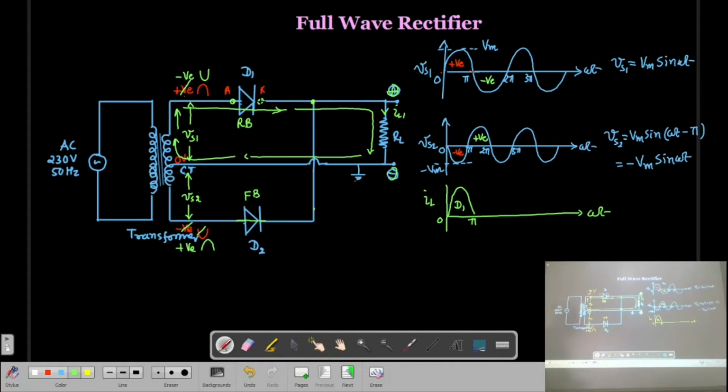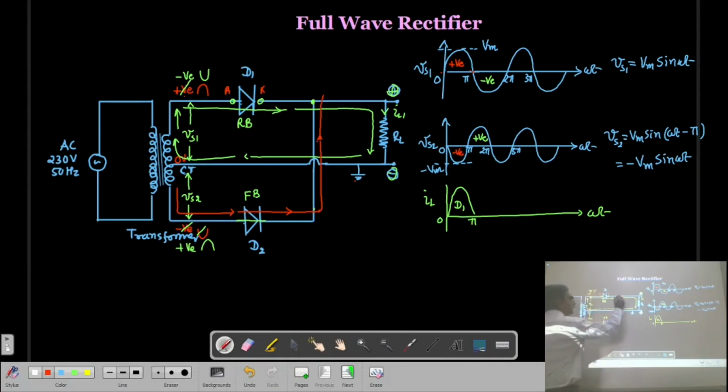So now if you look at the flow of the current, we can draw it in this way. Always the current is coming out from the transformer. Now this is in forward bias, so it will pass through this diode like this, and then it is coming to this junction.